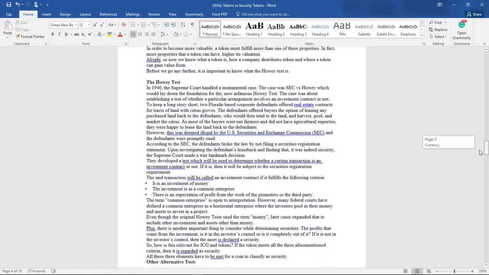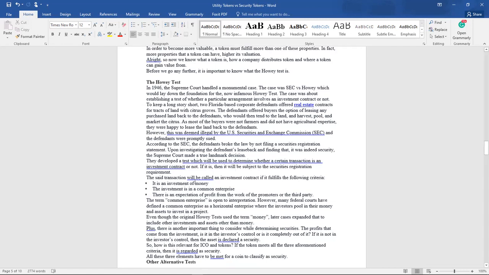Upon investigating the defendants' leaseback and finding that it was indeed a security, the Supreme Court made a true landmark decision. They developed a test to determine whether a certain transaction is an investment contract or not. If it is, then it will be subjected to securities registration requirements.